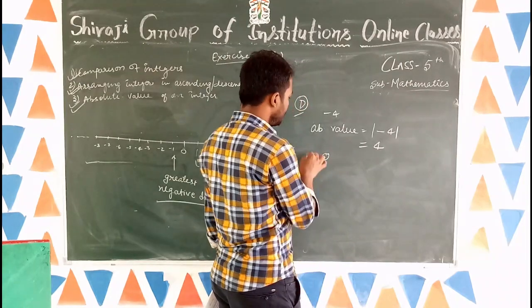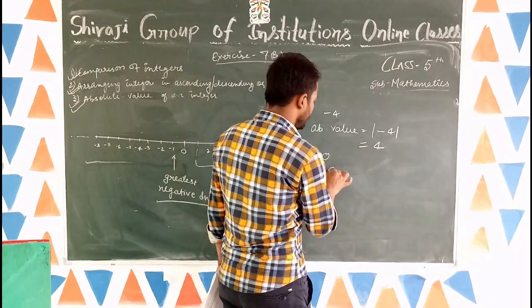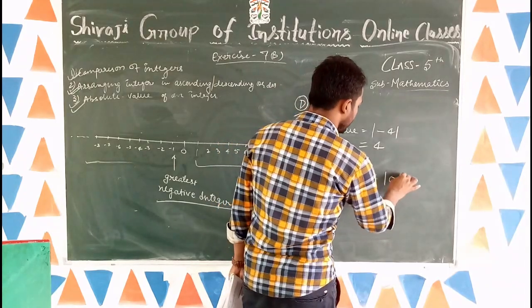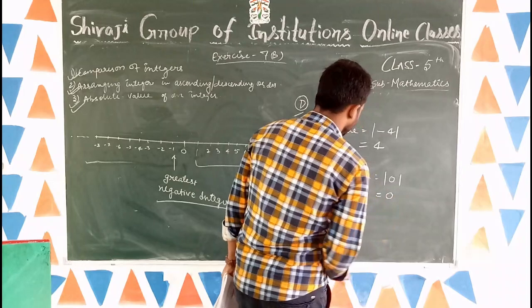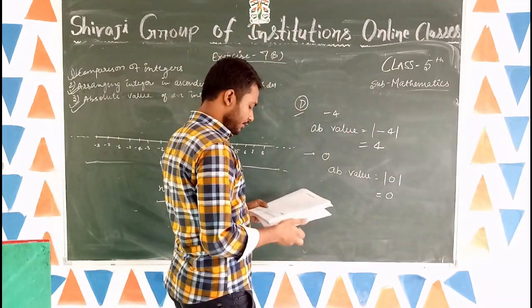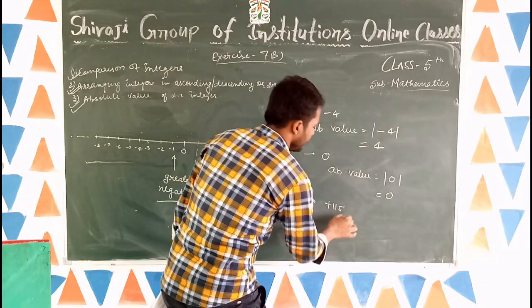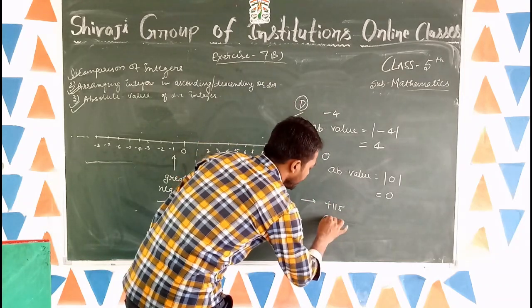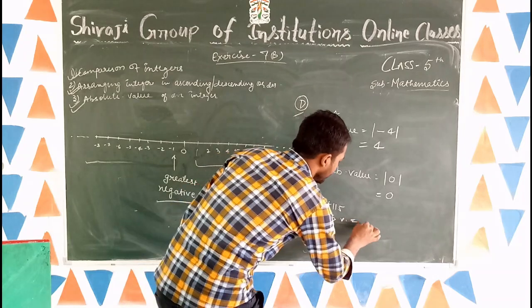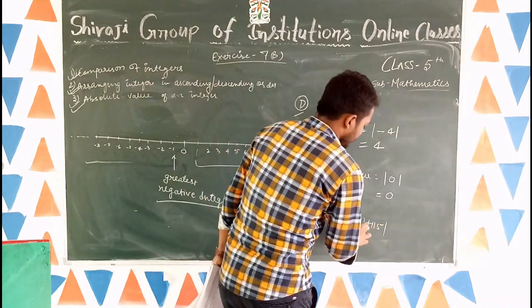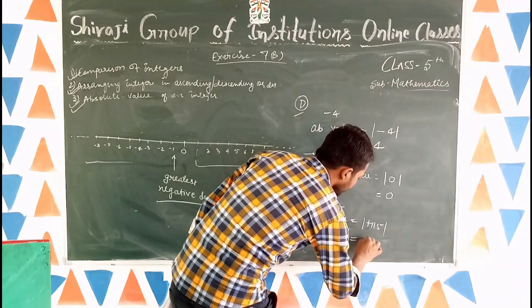So we have to find the absolute value of 0. So absolute value will be 0. Okay. Next question is plus 115. So when we find absolute value, we will use mod, and the absolute value will be 115.